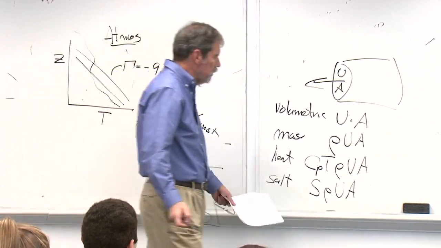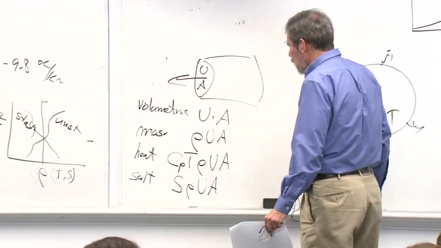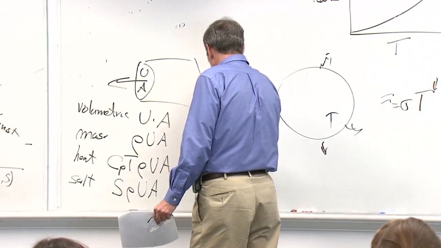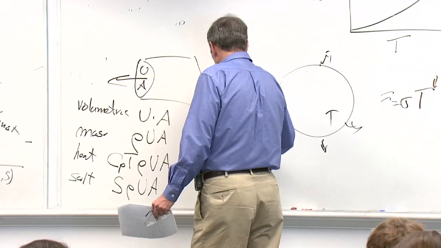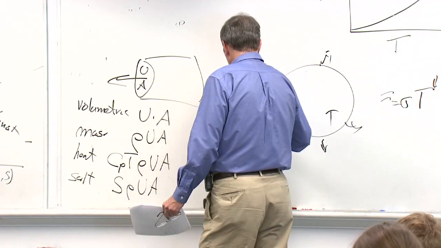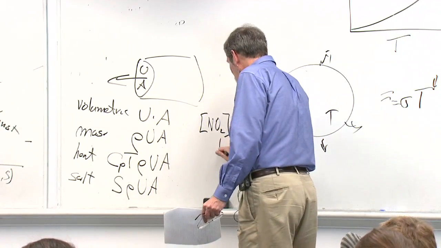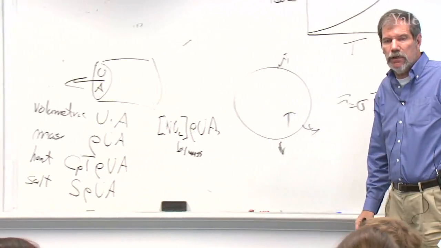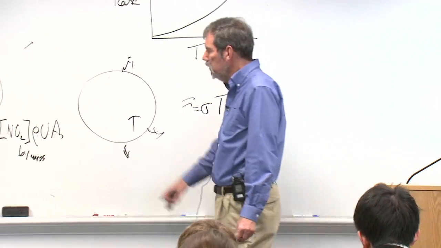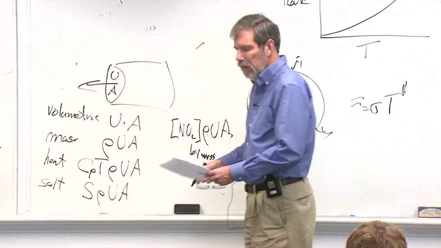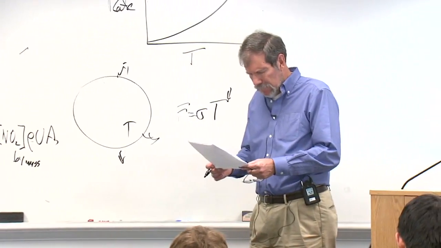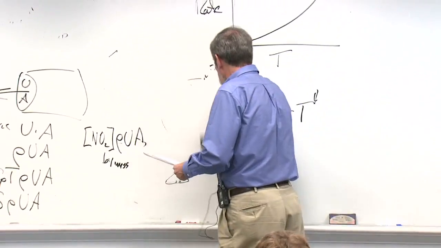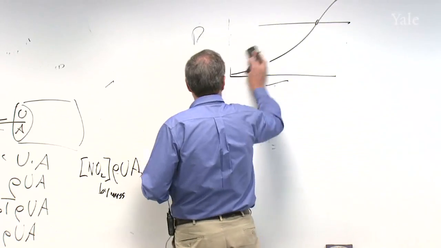If it's some other pollutant, like in the air, maybe it's nitrous oxide, well, then that would be the concentration of NO2 times rho UA, if that is a ratio by mass. Be careful. Be sure that's a ratio by mass if you're going to use it that way. So anyway, this is a common theme we ran across in the atmosphere and the ocean. And this is related to the next one on the list, which is the general idea of concentration.